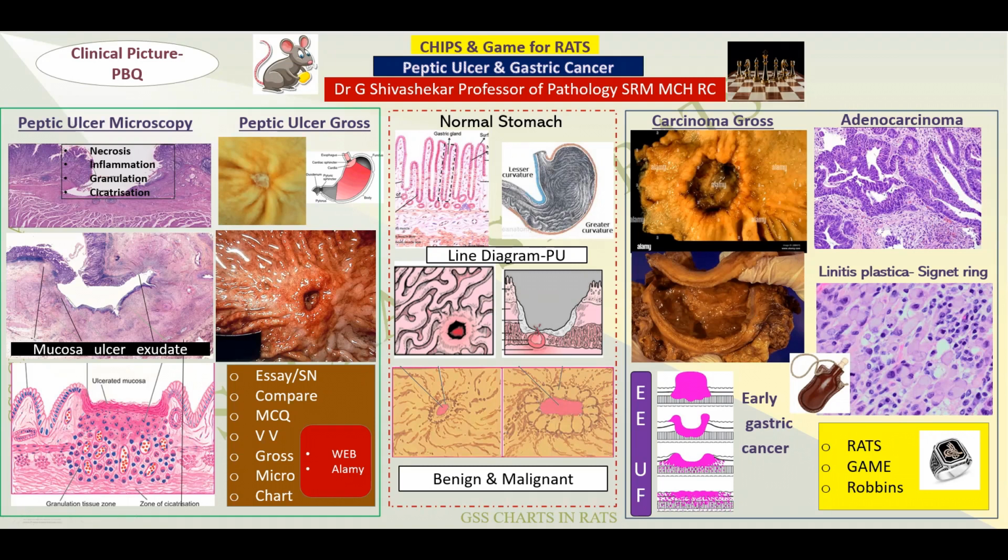Also, I shall be highlighting the importance of today's discussion, which is covered in nearly 20 pictures confined to a single chart. We shall go to them one by one.